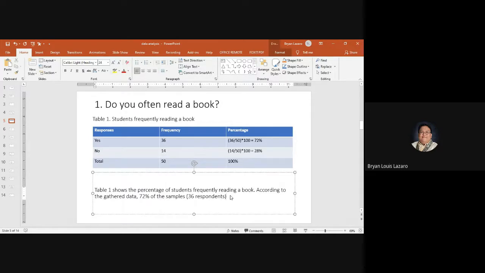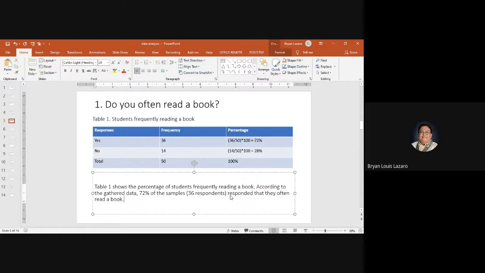So 72% of the samples or 36 respondents responded that they often read a book. However, 28% of them, or 14 respondents, said they do not. Okay?